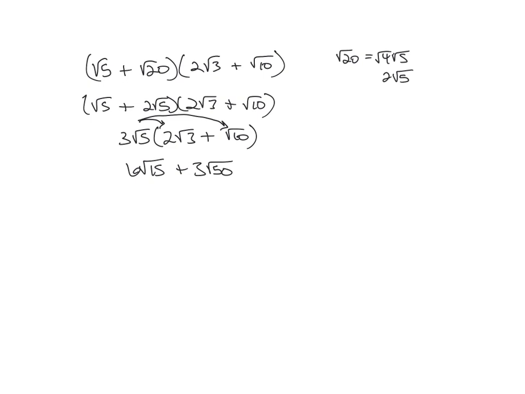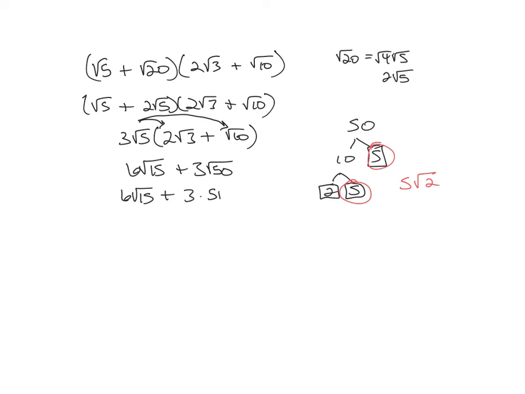But the 50, if I break that apart, I end up with a pair of 5s. So I get 5 square root of 2, or 15 square root of 2.